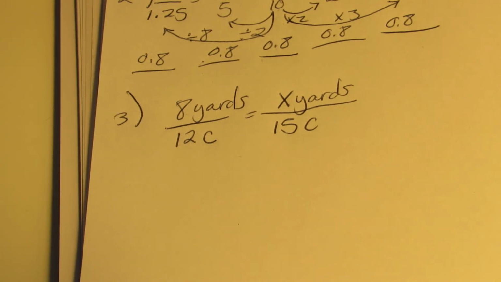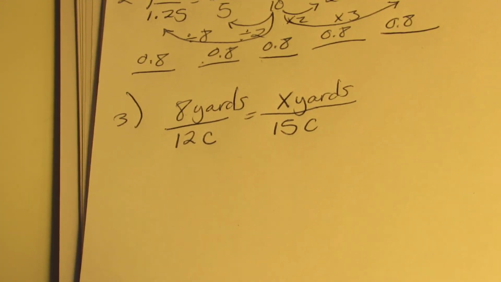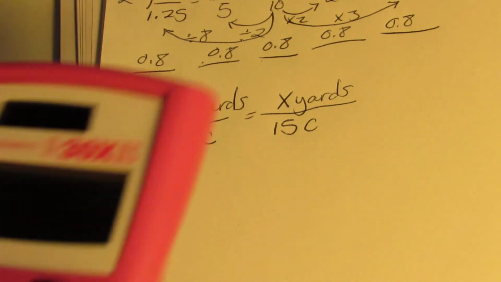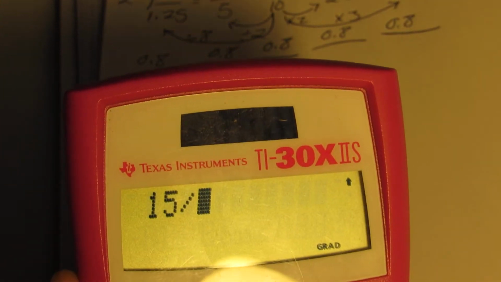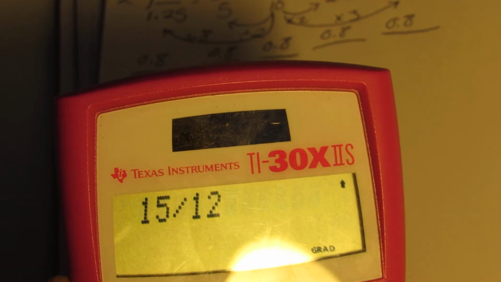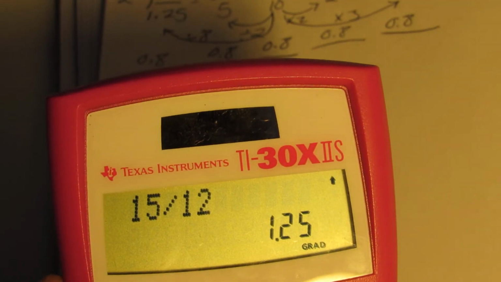So you guys can all do this, and I want you to use that strategy. Okay? So if I know I can go from 12 to 15 by multiplying by something, I'm going to go ahead and find out what that something is. So my strategy for that is always dividing the bigger number, which is 15 in this case, by the smaller number to find your scaling factor. So 15 divided by 12 gives you 1.25.